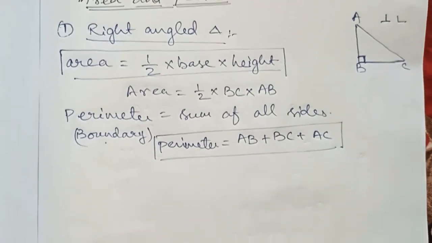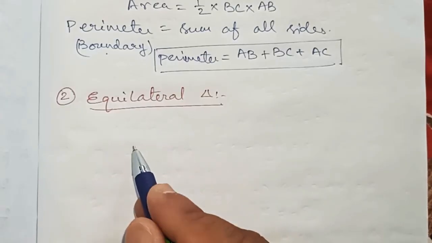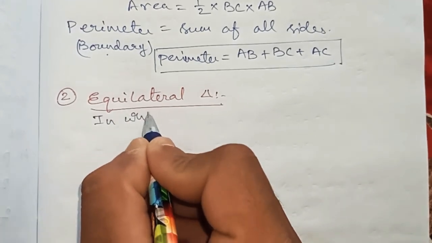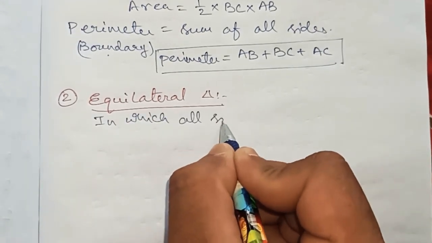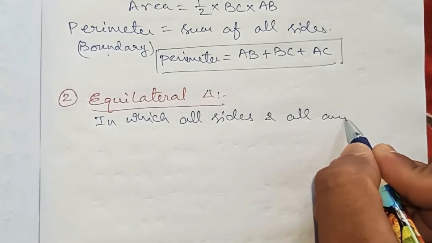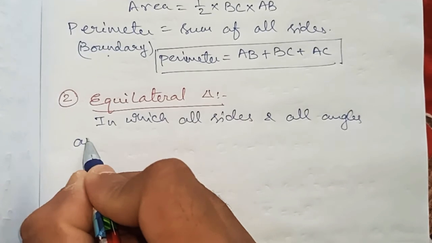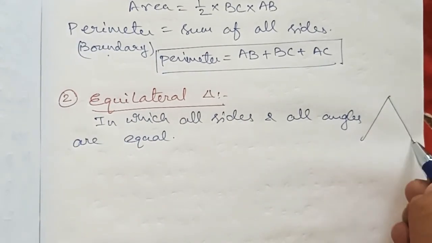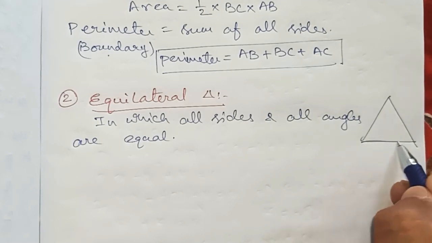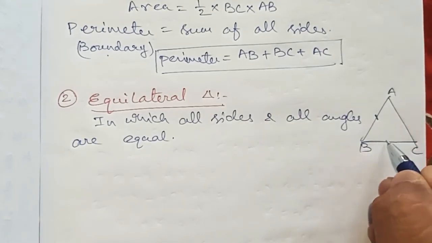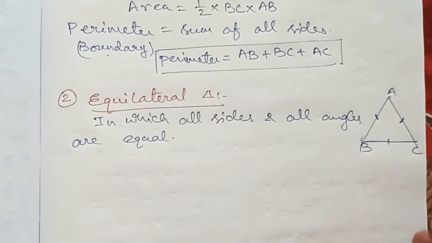Now the second triangle is the equilateral triangle. What do you mean by equilateral triangle? An equilateral triangle is one in which all sides and all angles are equal. Suppose this is an equilateral triangle, here all the sides will be equal, that is AB equals BC equals AC.